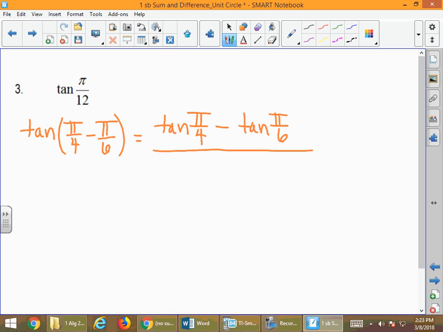All divided by, now it's going to be 1 plus tangent of pi over 4 times tangent of pi over 6. So if you look back at your pink paper, the minuses on the bottom in the original, tangent of A plus or minus B. The minus is underneath.